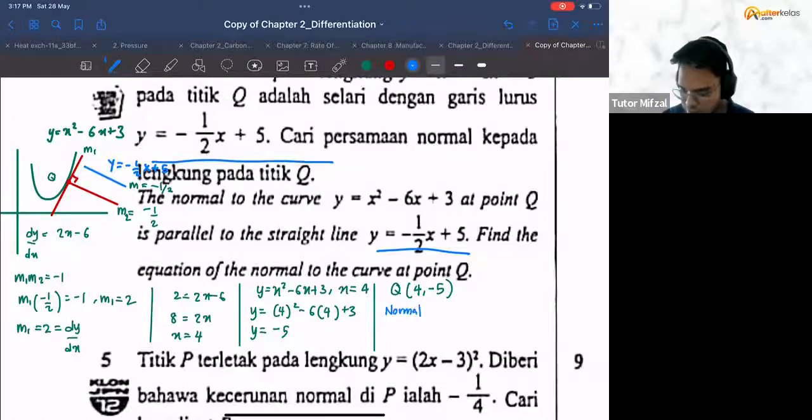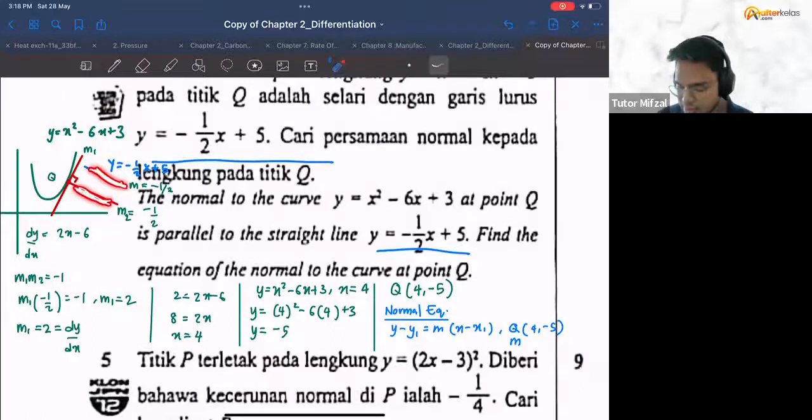Normal. Kalau nak cari equation of normal equation, I can use y minus y1 equivalent to m(x minus x1). I already know that Q punya coordinate is 4, -5, and I already know that this normal punya gradient is parallel to this line over here, which is -1/2.